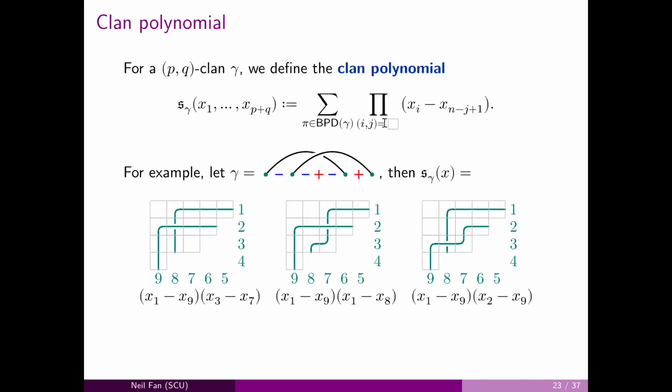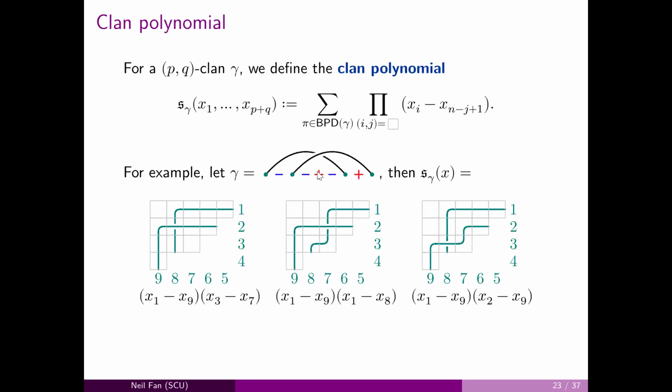But for convenience, for an empty tile in the Bumpless pipe dream fragment, the weight of this empty tile is xi minus x n minus j plus i. In the Schubert case, the weight of the empty tile is xi minus yj, but the weight of this in the clan polynomial is xi minus x n minus j plus i.